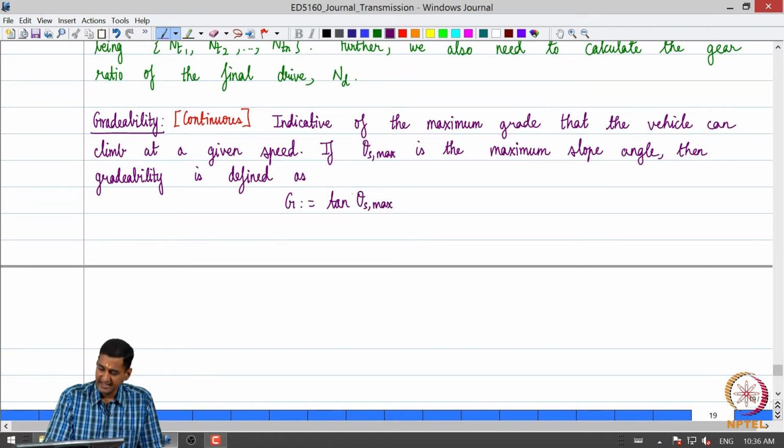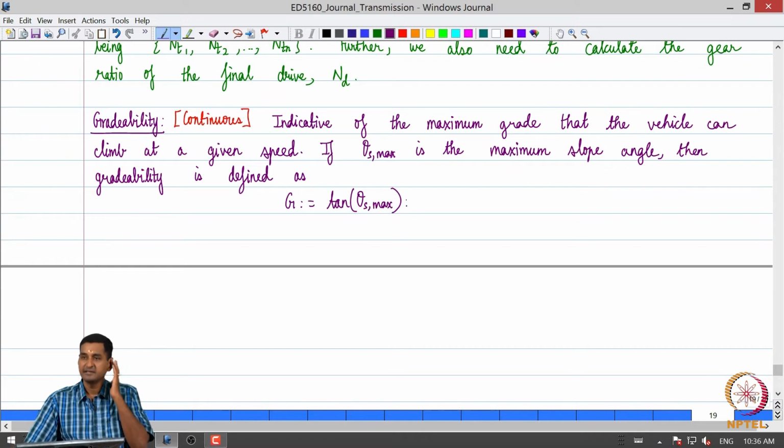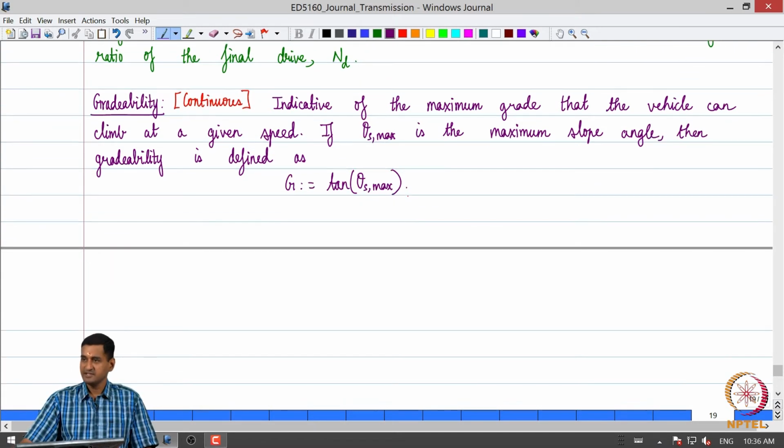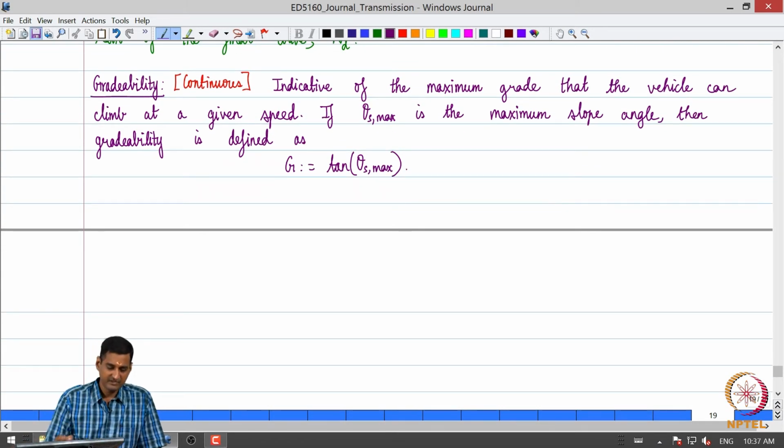G is the tangent of theta s max. So that is the notion of gradability. So tan theta s max is gradability.